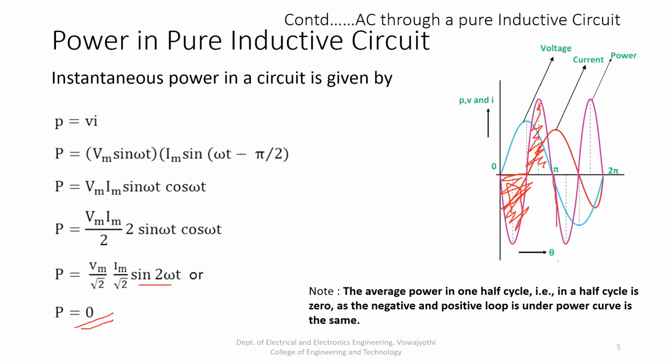Calculating the power for a half cycle, these two powers get cancelled, or the effective power in a half cycle reduces to 0. So in a pure inductive circuit, the power consumed is 0, or the inductor does not consume power.